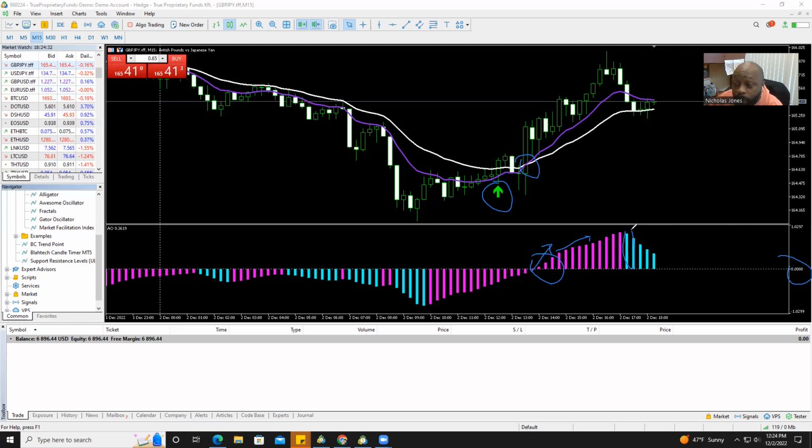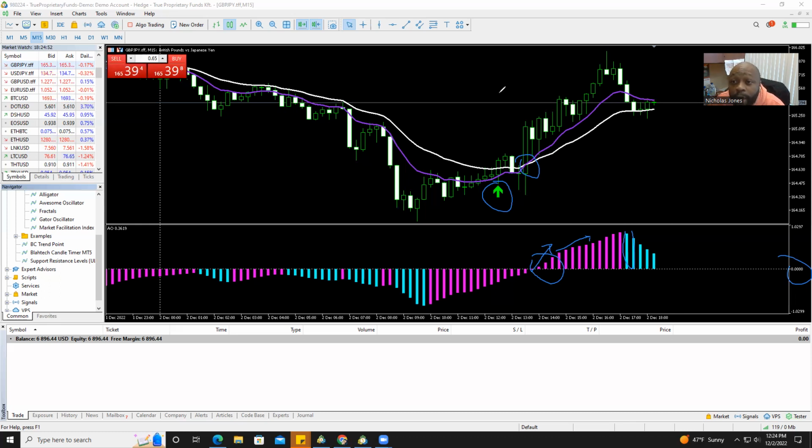So you can hold it until you get that signal, or you can decide to get out when the Awesome Oscillator changes color. To be safe, you can always get out when the Awesome Oscillator decides to change color. But this arrow is pretty on point.